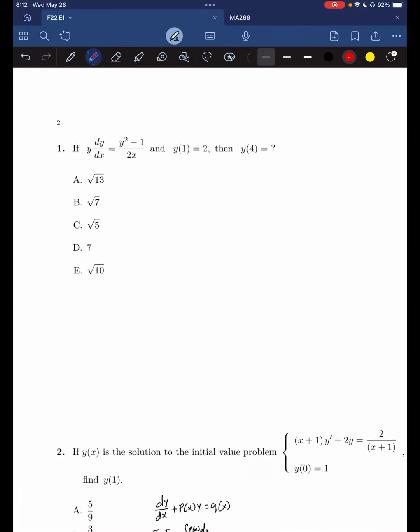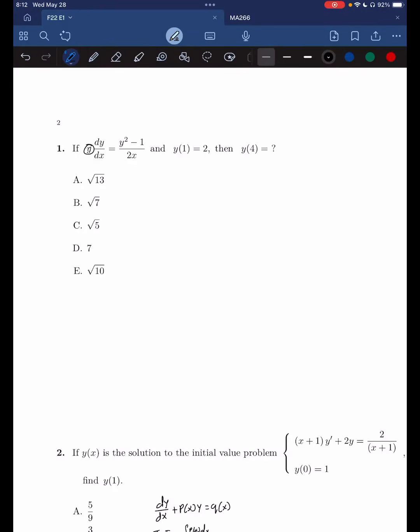Question one, we have this differential equation given to us. The biggest question to ask yourself when you're solving for one of these is, what method do I use, right? In this case, we're going to use separation of variables, and you might ask me how I know that. I know that because if I take a closer look at this differential equation, everything more or less is being multiplied or divided.